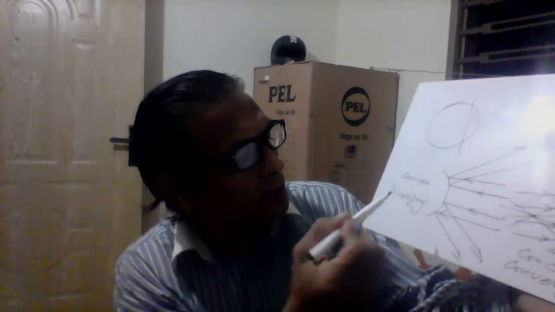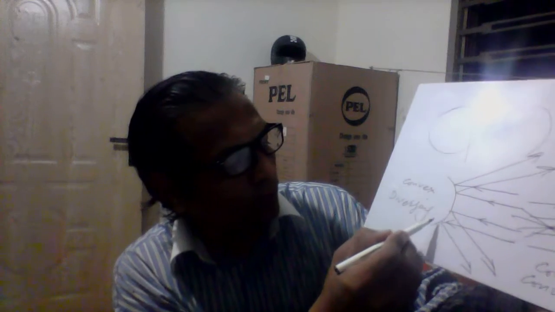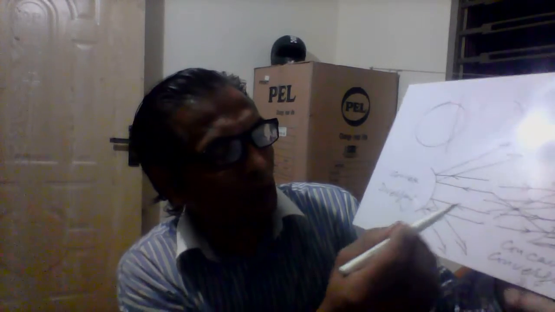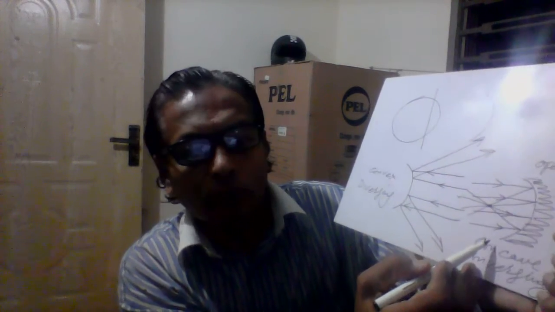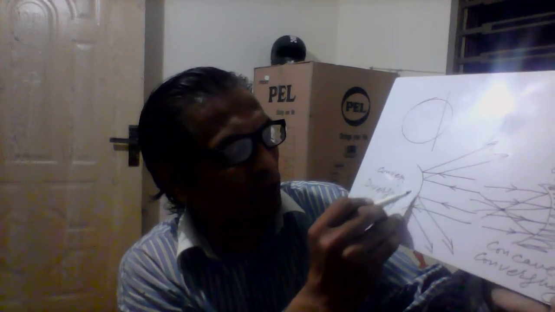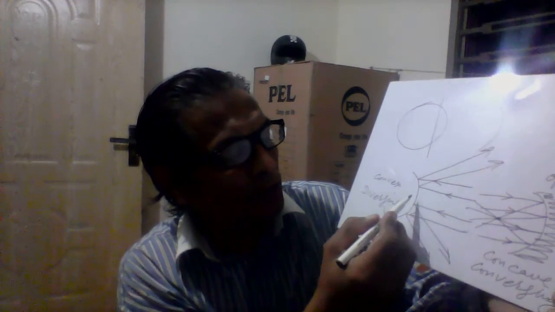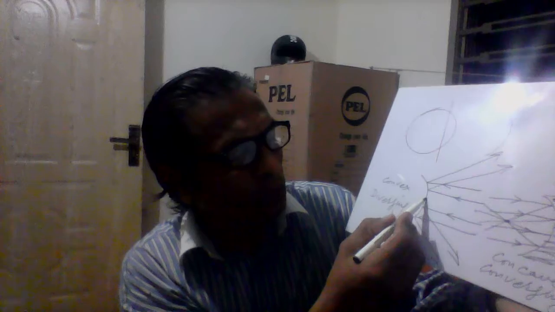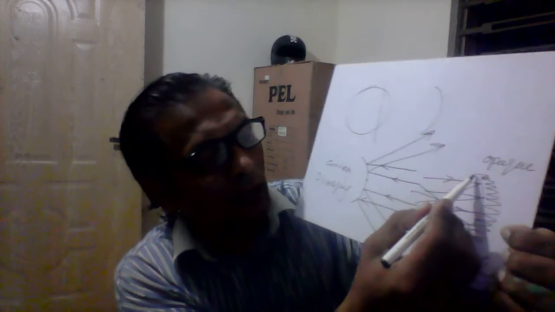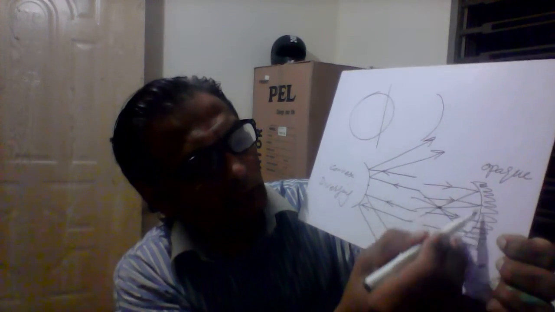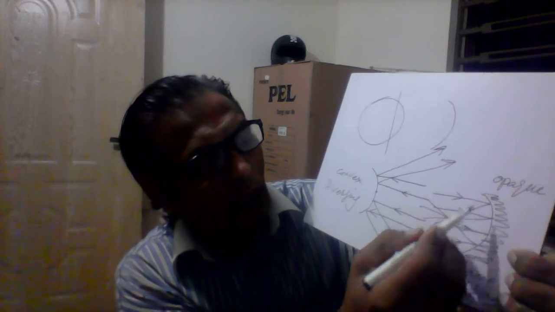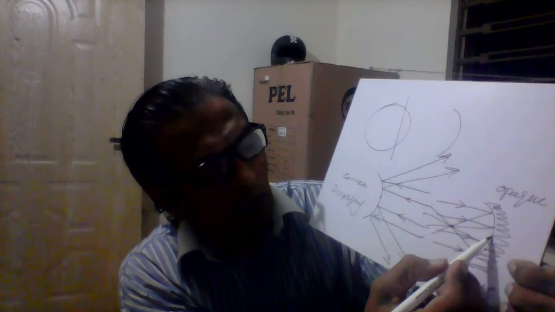Here you see again we have the same convex mirror, or here concave mirror. This is the curvy portion and this is the midpoint of the curvy portion. Here again it is a curvy surface, and the midpoint is over here somewhere.